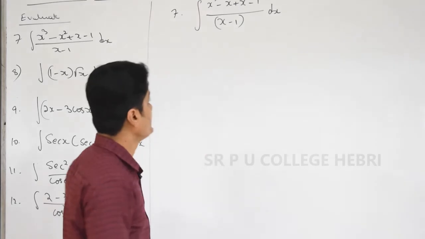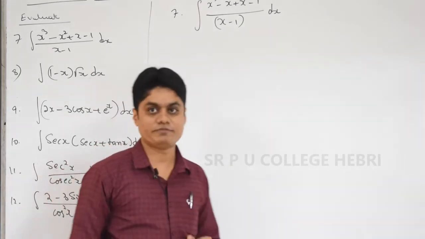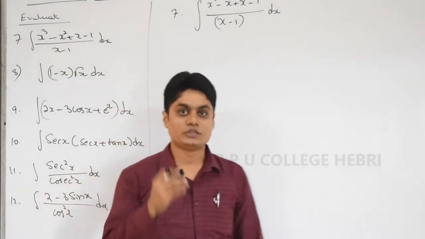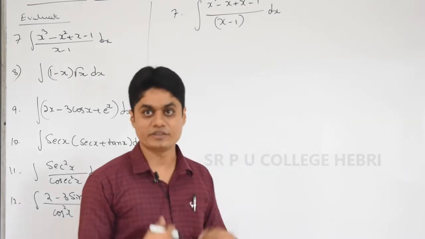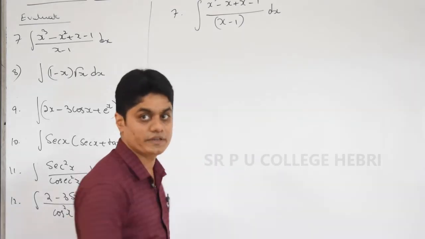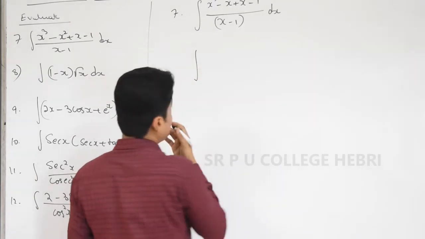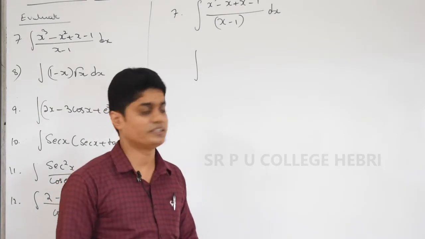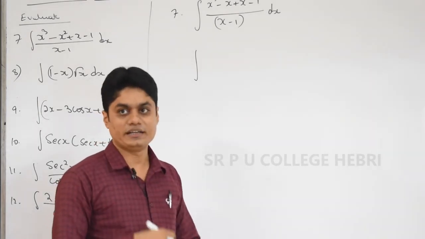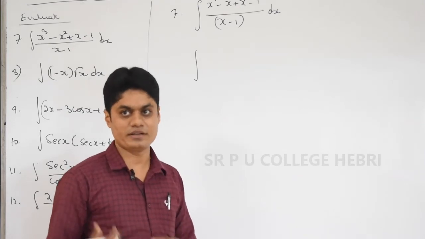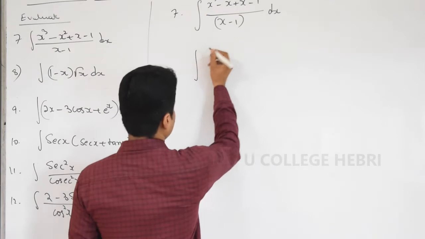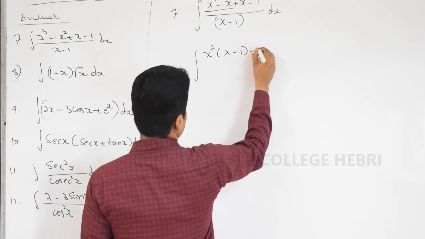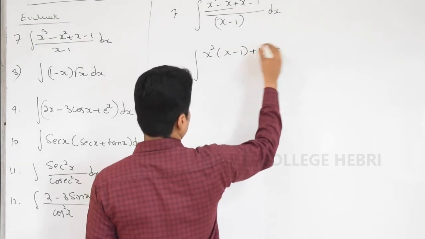How do they integrate this? See, if there is a quotient rule, we can directly apply the u by v formula and integrate. But we don't have the quotient rule. See, it should be simplified to make this integrable, or which we can integrate using the standard functions or rules of integration. Okay, so what can be done? Can anyone give an idea? You can try directly dividing using the long division method. You can divide the numerator by the denominator and express it as quotient plus remainder by divisor, but it will take time. Observe carefully. I'll give you one method to solve this. In the first 2 terms, take x square outside. In the next terms, take minus 1 outside, plus 1 outside.